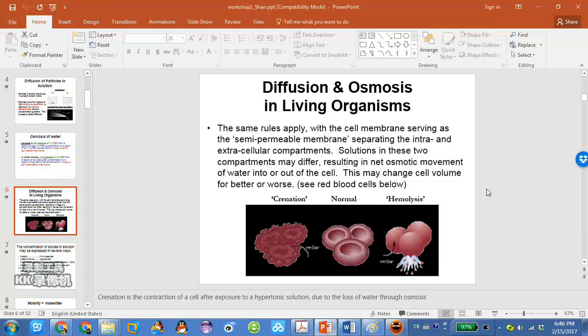On the contrary, if water comes into the red blood cell and causes it to burst, we call this process hemolysis. That's why it is very important for organisms or cells to maintain a certain level of diffusion and osmosis so that they are able to carry out normal activity and regular functions.